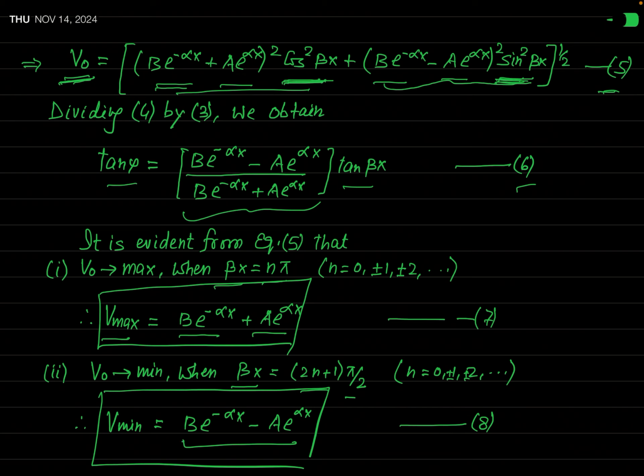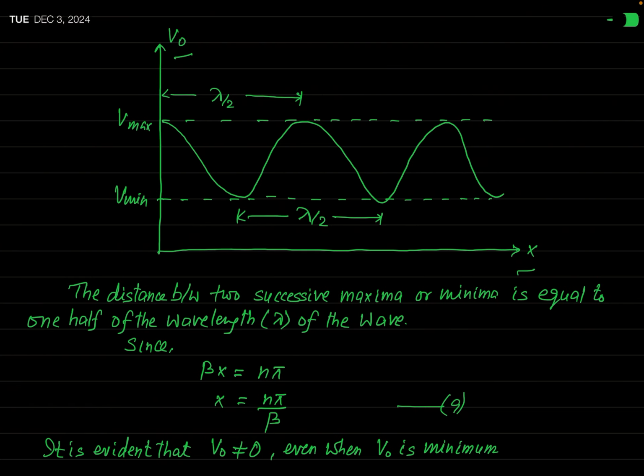You know, b times e to the power minus alpha x is the amplitude of the incident wave, and a times e to the power alpha x is the amplitude of the reflected wave. If both are not equal, then V minimum is not 0. But when the amplitudes of both of these waves are equal, in that condition V minimum will be 0.